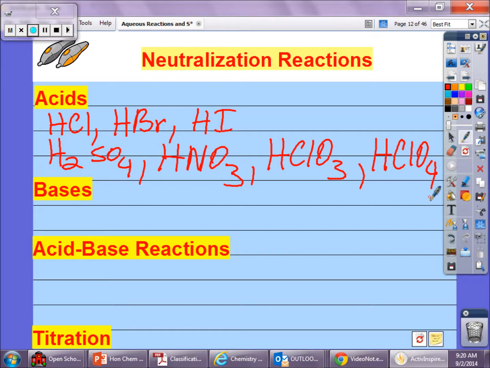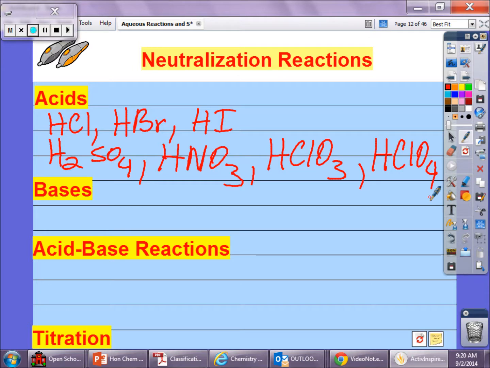The strong bases are the hydroxides of the metals of group 1 and the heavy metals of group 2: LiOH, NaOH, KOH, RbOH, CsOH. Ca(OH)2 is at the border, then Sr(OH)2, Ba(OH)2.